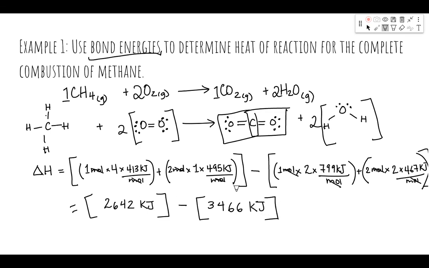Notice that the units for both of these are kilojoules because anytime you had kilojoules per mole, you multiplied by that coefficient, so that mole is now canceled out. When you add those two numbers up, or rather subtract these two numbers, you are going to get negative 824 kilojoules. So that is the delta H for the complete combustion of methane.